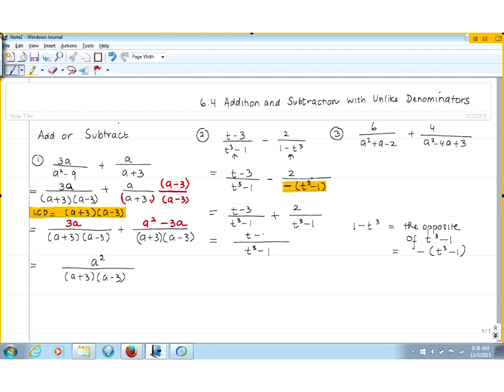What do I have on top? P minus 1. Okay. Good. All right, now is it factorable? Let's try. So p cubed minus 1, is p cubed minus 1 factorable? Yes or no?